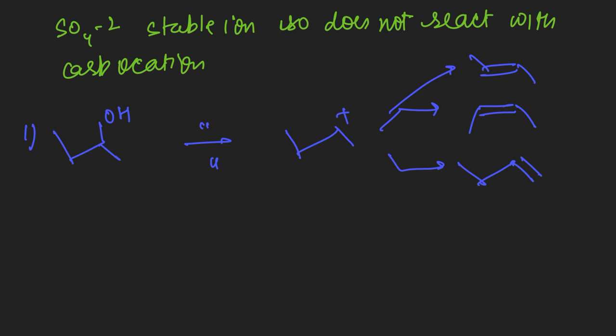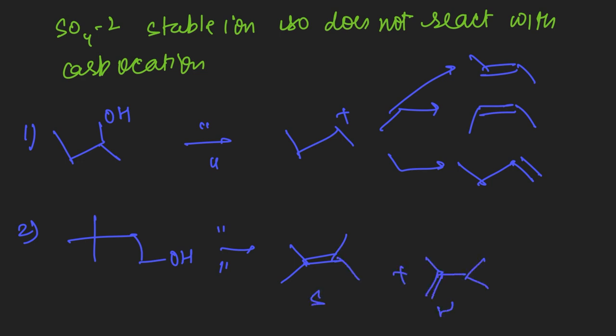Second, we have OH, concentrated H2SO4 and this. It will form, I am writing the direct product, Saytzeff and Hofmann. So I am writing the question and answer; you have to try on your own and check the answer. Sixth, it has 5 transition states in this compound.